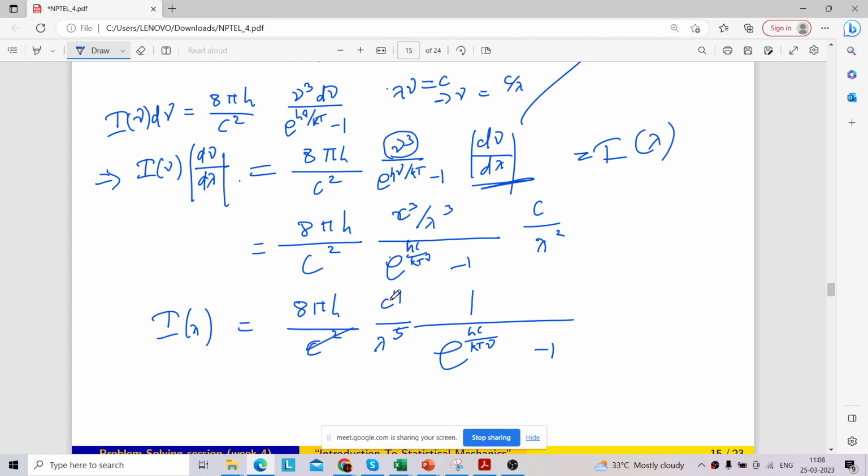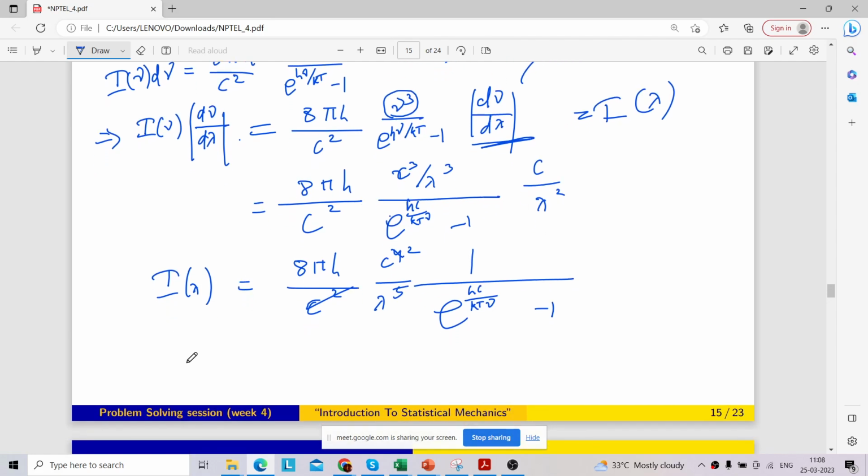So c square and c4 cancel, so effectively I have this distribution. You just check the c power. If it is c cube, then we'll have c in the numerator. If it is c square, then we'll have c square in the numerator.